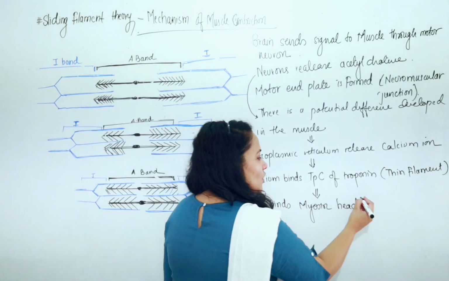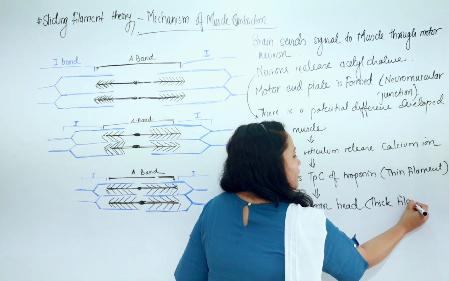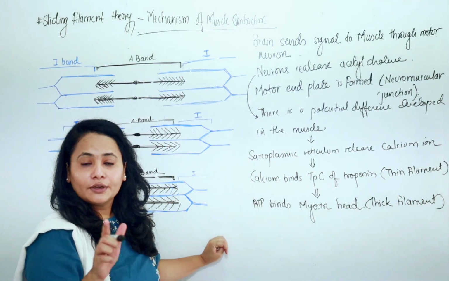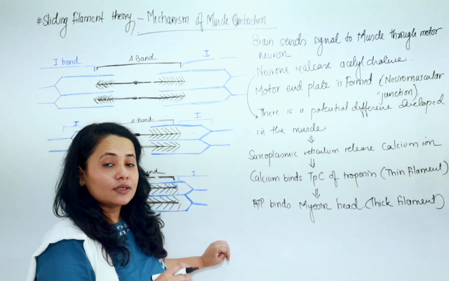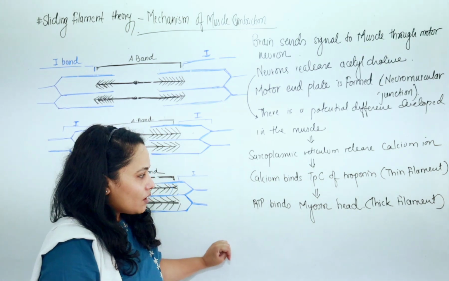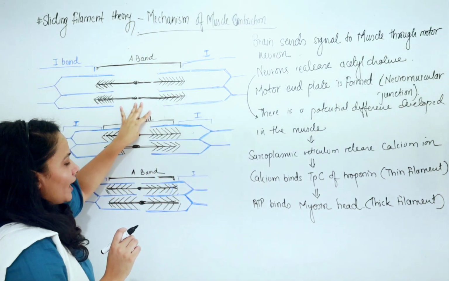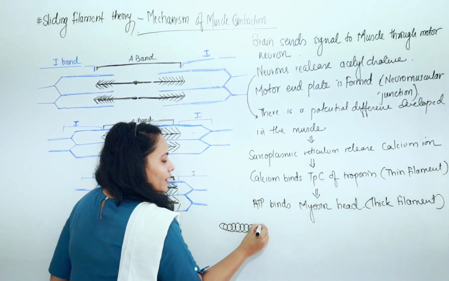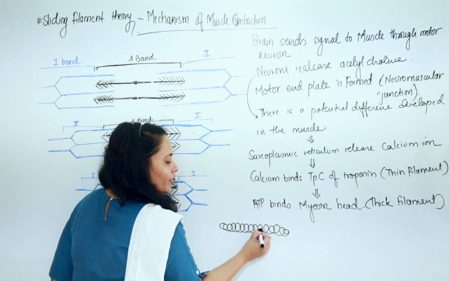We know that the ATP binding site is present on the head of the myosin filament, or the thick filament. So an important point again: what binds to the thin filament? Calcium. And what binds to the thick filament? ATP. Let us understand the same thing here. Let's say this is an actin filament and this is TnC over it.